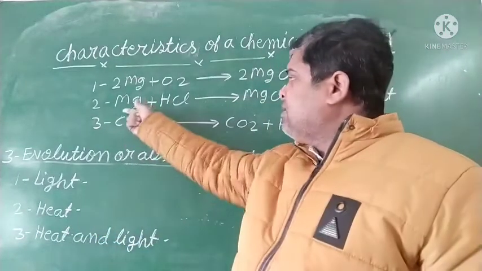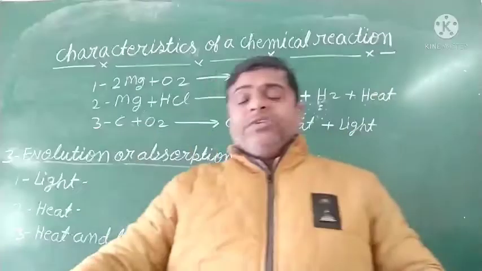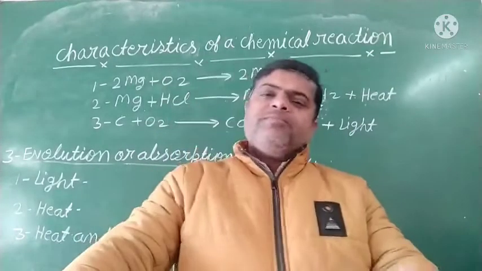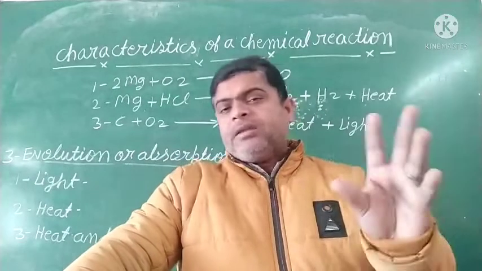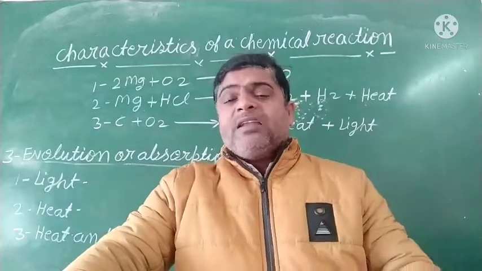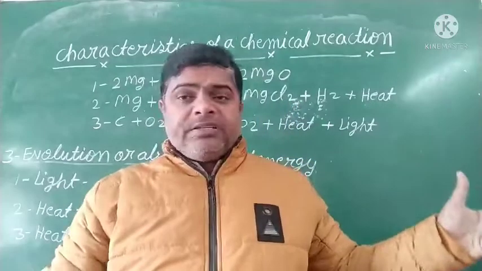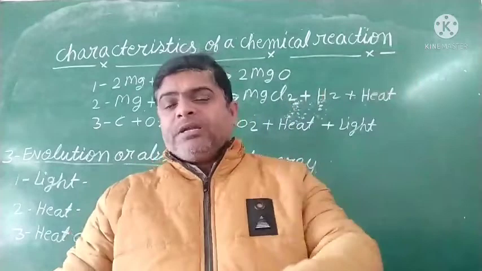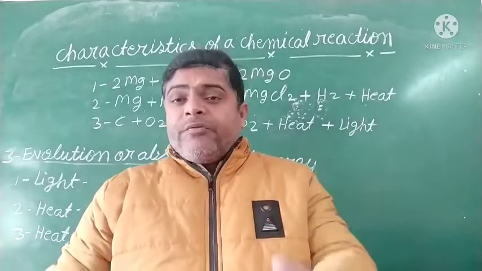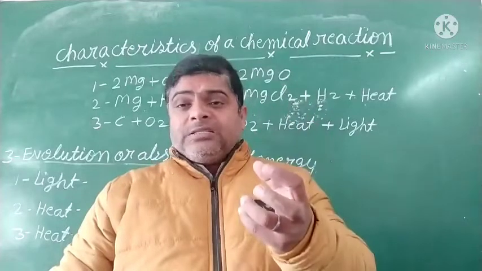So when magnesium reacts with an acid, any metal like magnesium, sodium, potassium, calcium, when a metal reacts with an acid, it releases heat. Or you see student, if you purchase some acid from the market and you put some metal, iron, silver, how do you see that? A heat release. Yes or no?